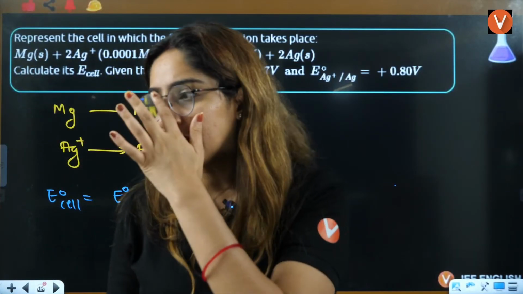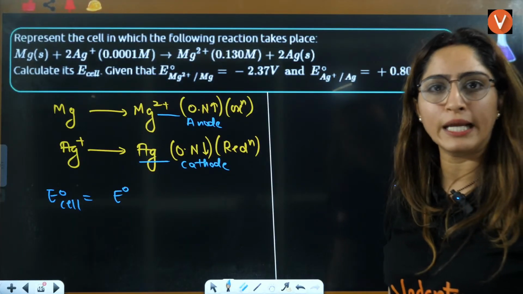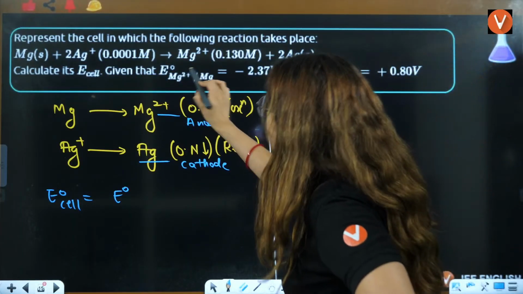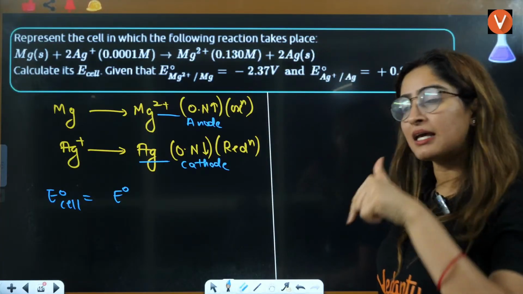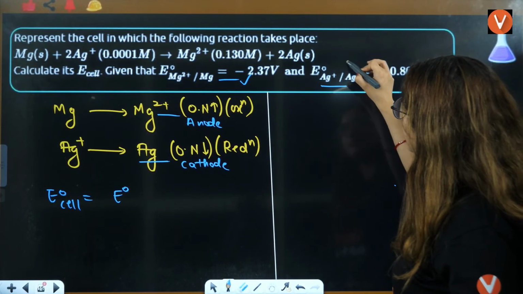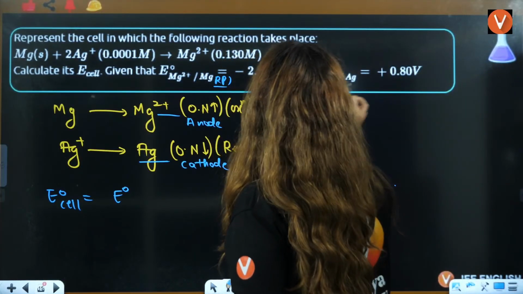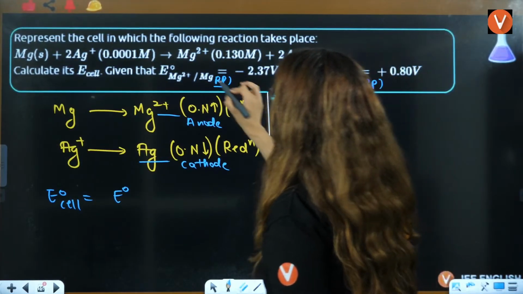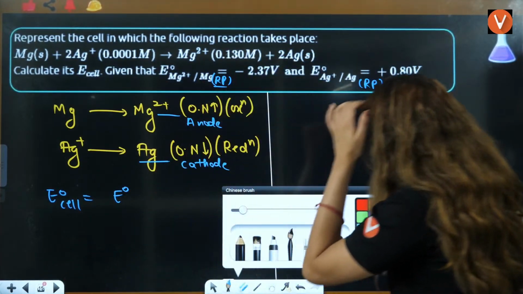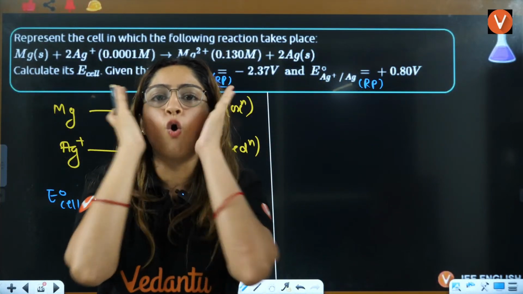Now, the second thing you need to verify here is, have they given reduction potential only? This is plus 2 to 0, that means oxidation number is decreasing, so it is reduction potential. Here plus 1 to 0, that means this is also reduction potential. So in both the cases, reduction potentials are given to you.